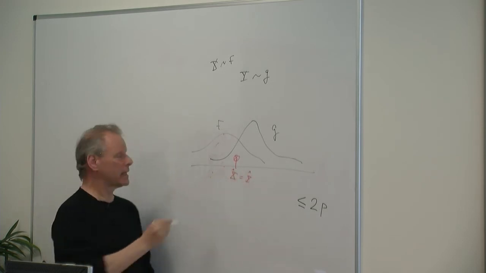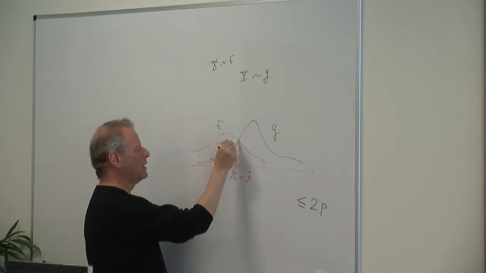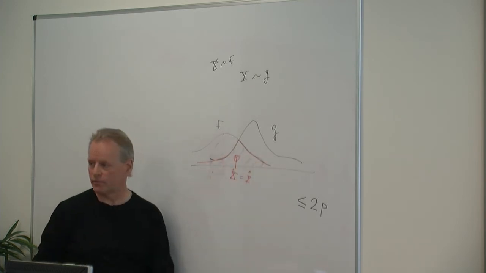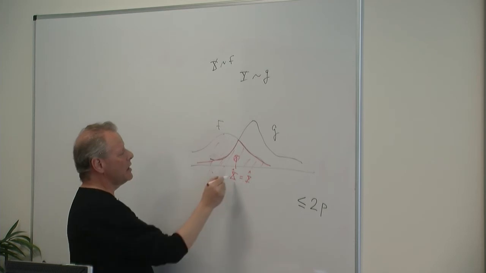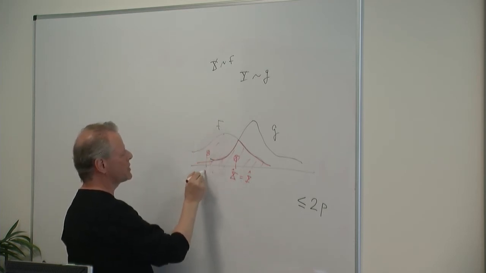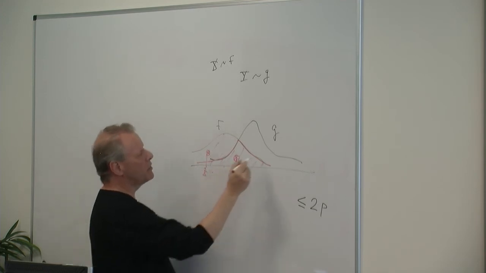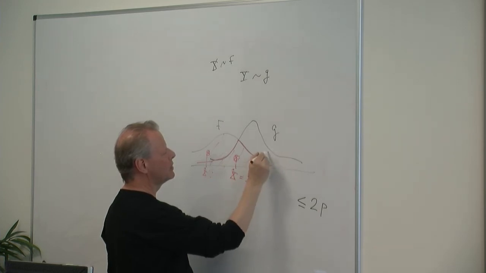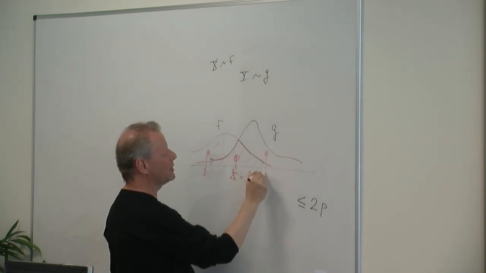So they are identical if this happens. If the point U ends there, you go down here to get your X hat, and you move over here and choose a uniform point on this area, above this curve and under this one. Go down here and get your Y hat.